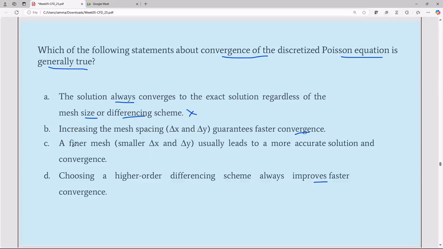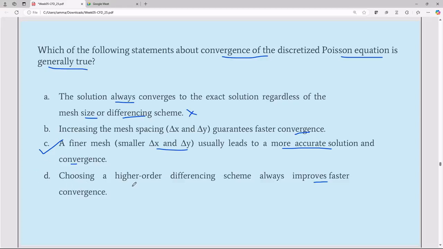Next, going to option C, a finer mesh, that is smaller delta x and delta y, usually leads to a more accurate solution and convergence. This is true because a finer mesh helps in a more accurate solution and also convergence. When the mesh is finer, the time taken for convergence may be long, but it still helps to get a more reasonable or accurate solution, and also it guarantees convergence.